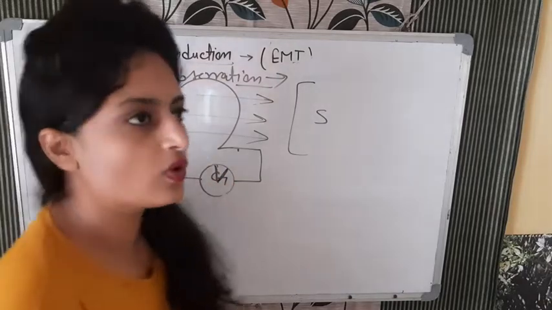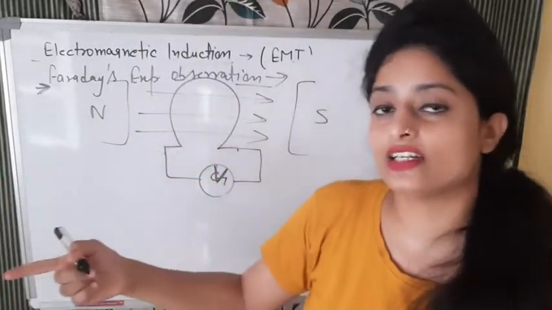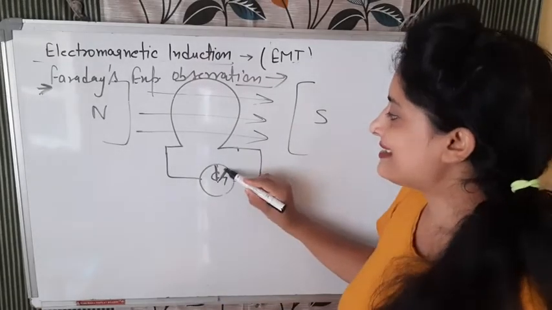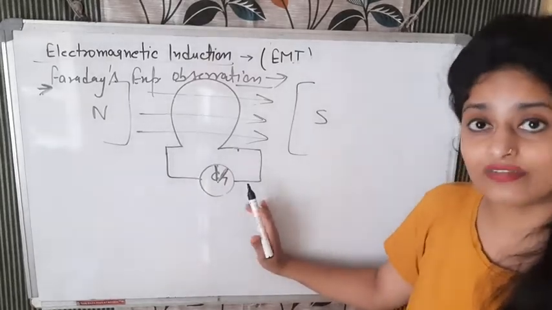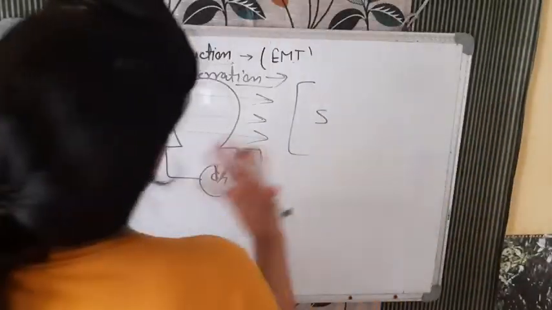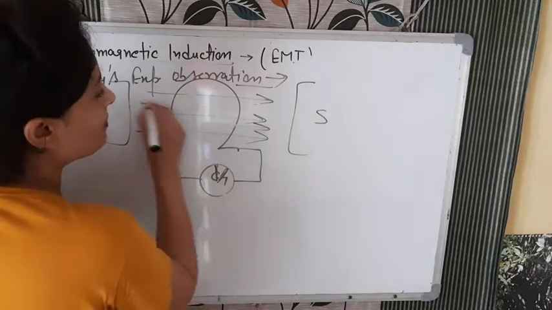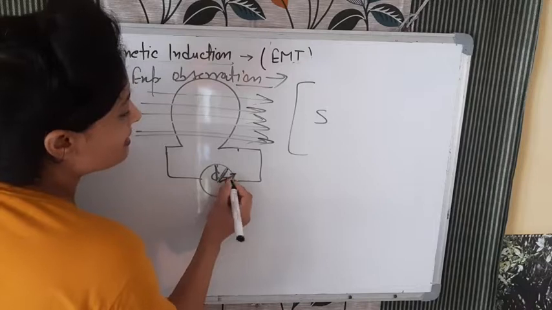Now galvanometer, you all know, I told also in the first electricity chapter, that galvanometer is a sensitive device that we use to measure the current. So if galvanometer needle is deflecting, it means what? Current is induced in this coil. After that what he did, he just increased the magnetic field. B को उसने increase किया, more will be the magnetic field lines. So he observed that deflection is more in that case.